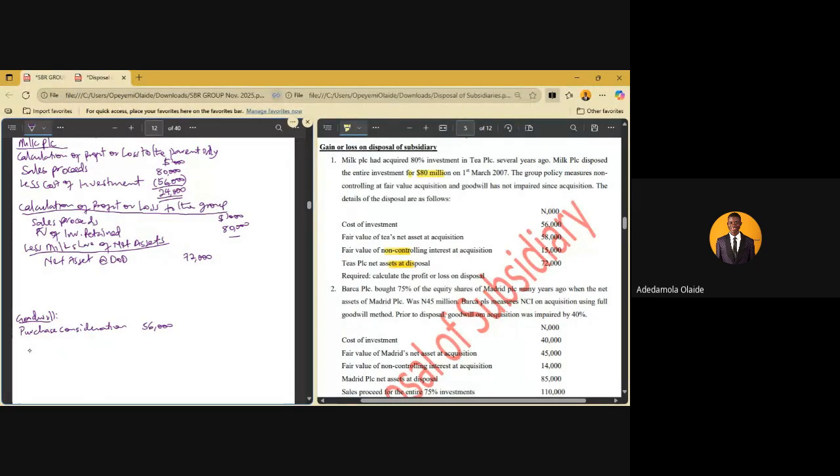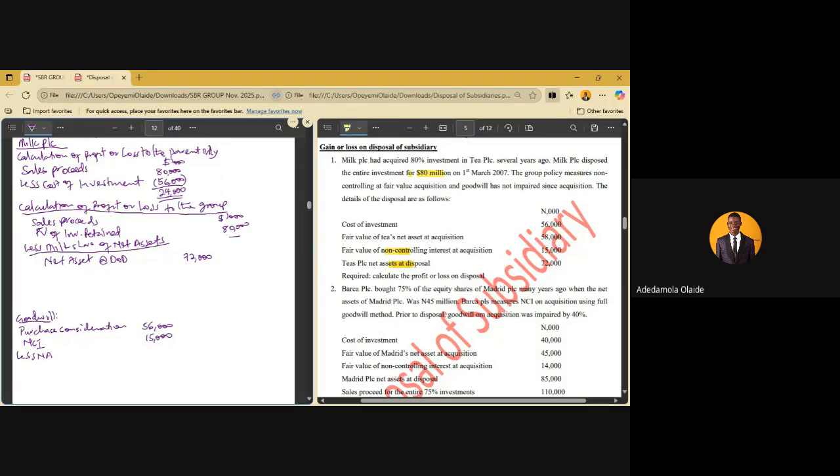NCI, NCI at acquisition is 15,000. Less net assets at acquisition. Hi, this pen is making things difficult this night. So we shall not cancel this class because of this thing now.